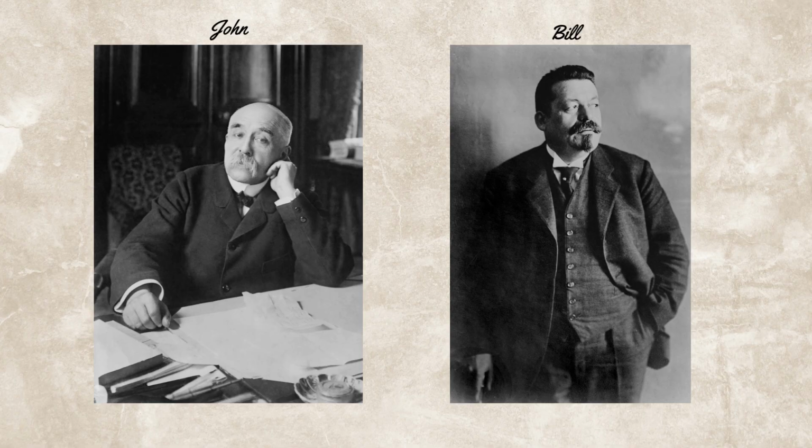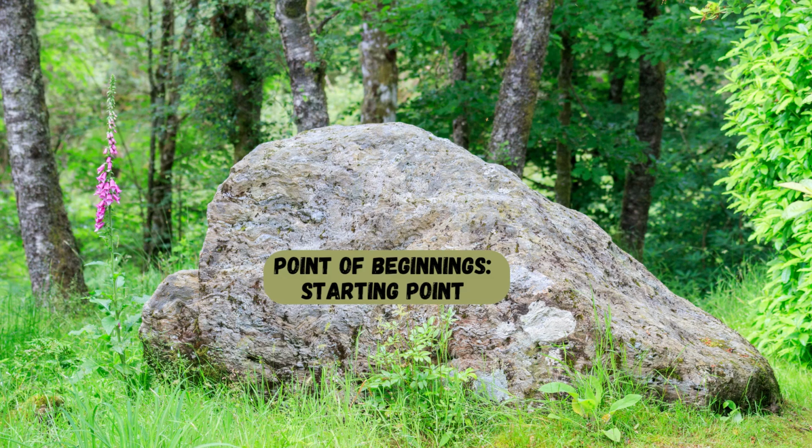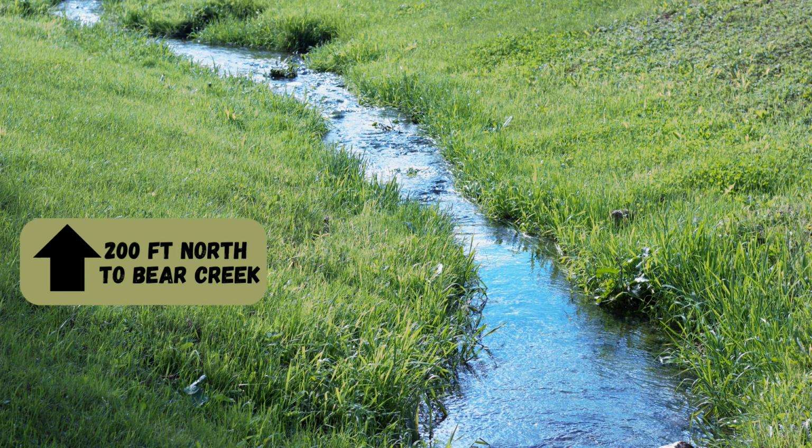So here's an example of a metes and bounds description of land. Let's say John is thinking about selling a portion of his land to Bill. John takes Bill over to the property to lay out the boundaries of the land being sold. John, who's standing in front of a gigantic rock, says to Bill, "The property that I would be selling starts here, at this rock, known as the point of beginning, basically the starting point, then heads 200 feet north to Bear Creek.